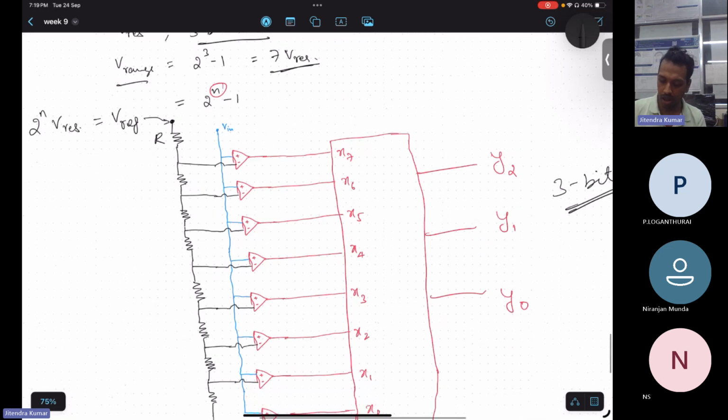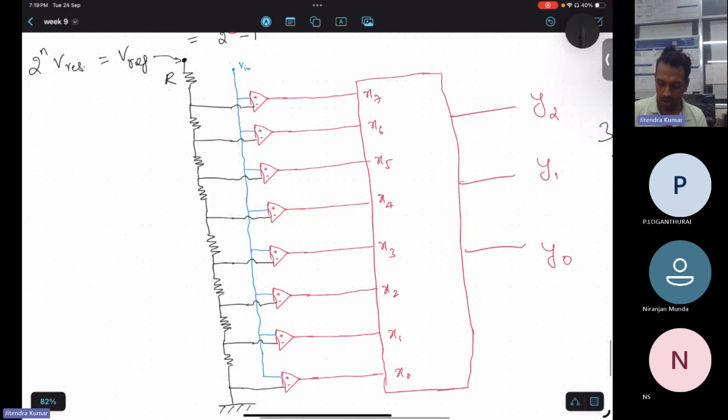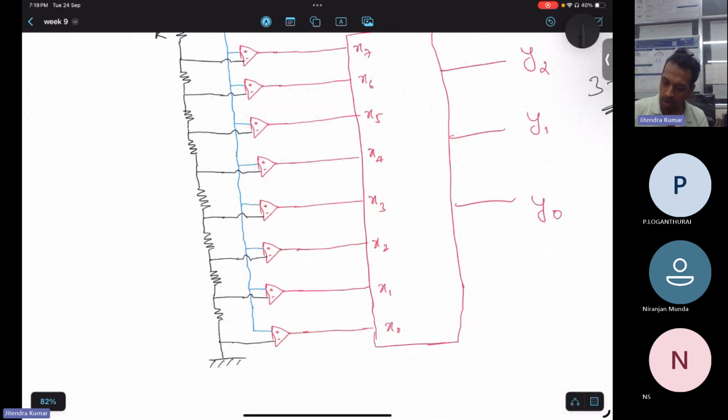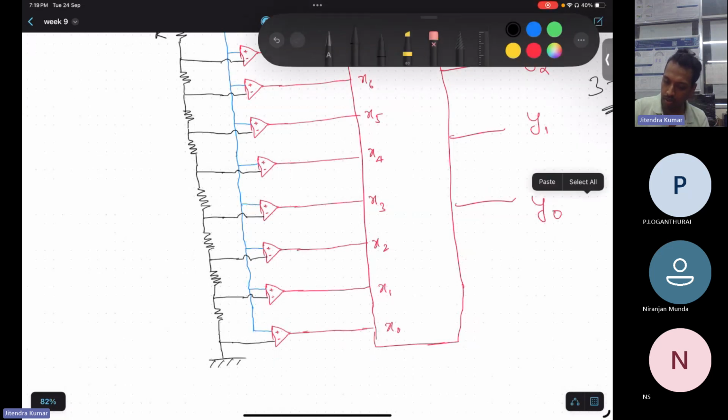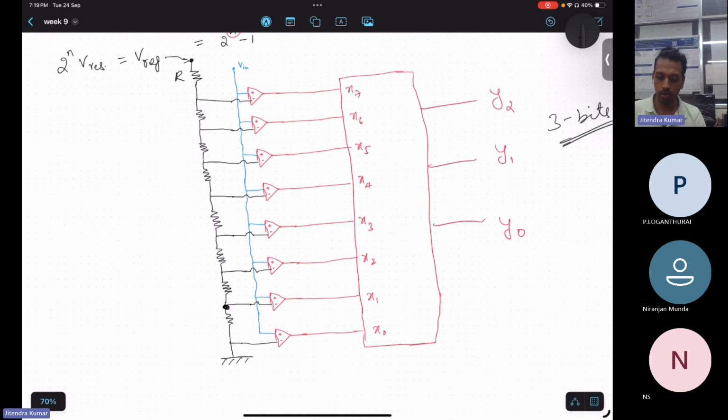Now see how it will work. How much voltage will appear at this node, at the inverting terminal?